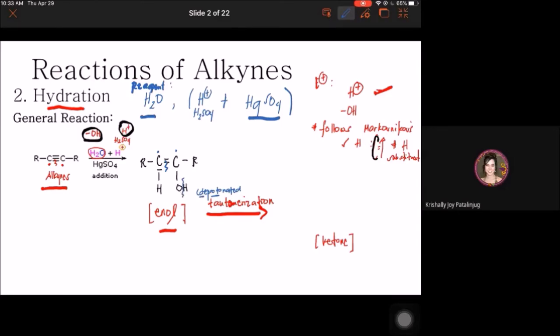Now, where will that hydrogen be added in order to stabilize these carbons?